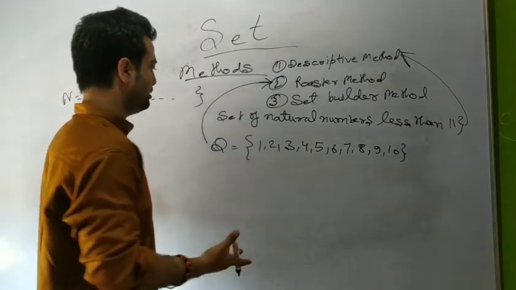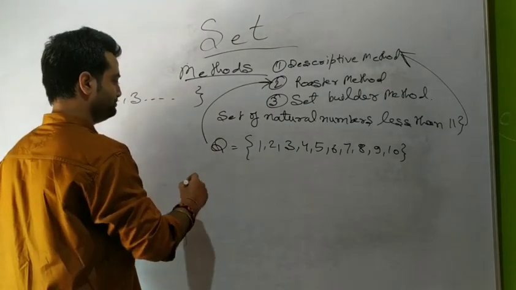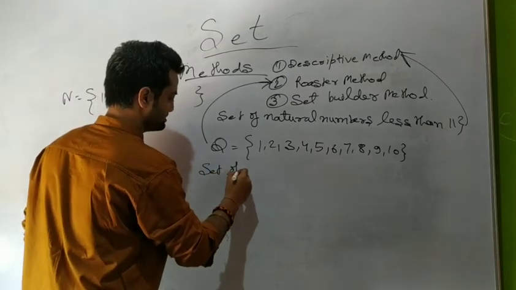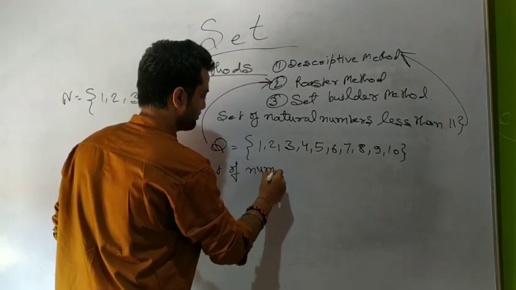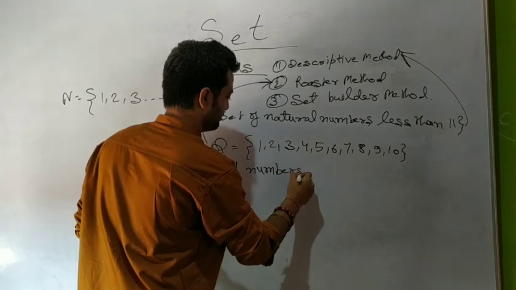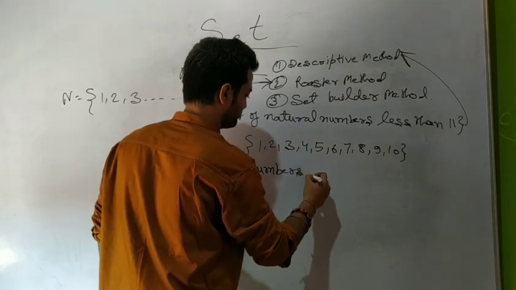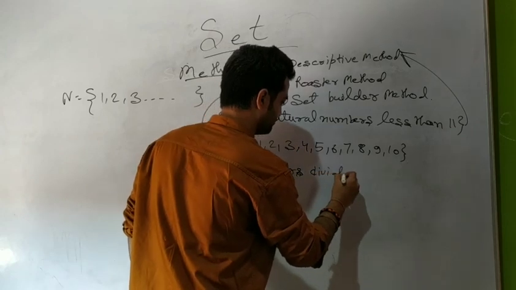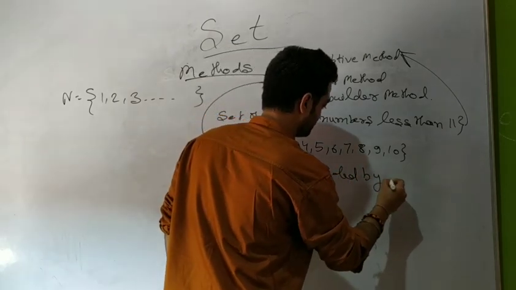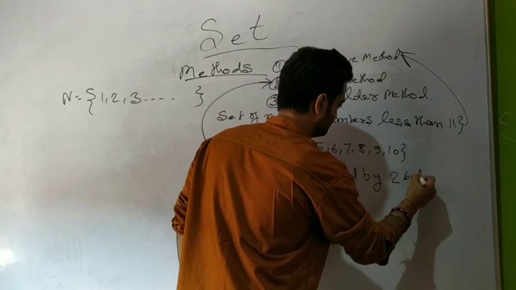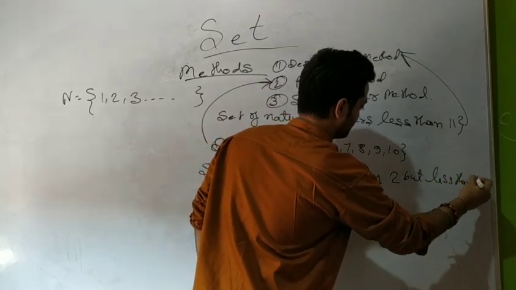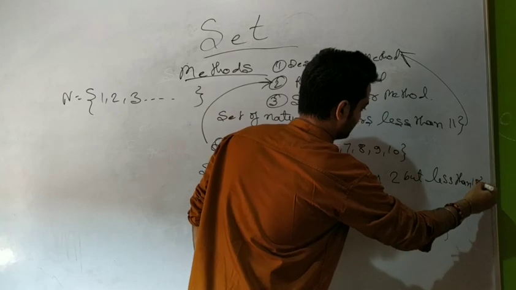Suppose I am taking another example. Set of natural numbers divisible by 2 but less than 18.